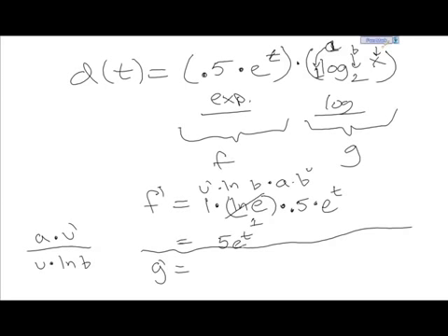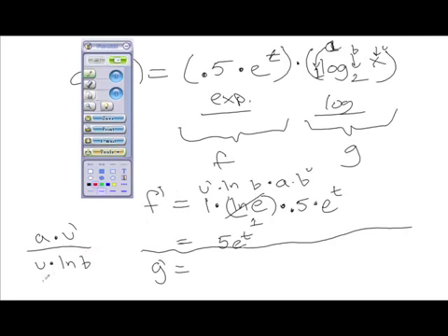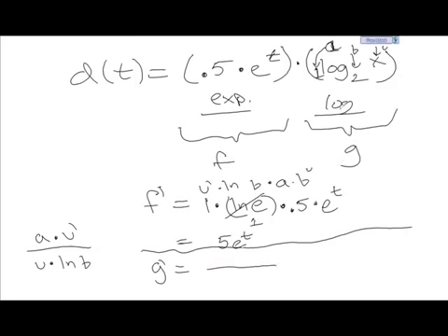Here is what we're calling the u. So a is 1 times the prime of x, which is the derivative of x, which is 1, divided by u, which is x, times the natural log of b, which in this case is the base of 2, ln 2. And so, cleaning this up slightly, we get 1 over x natural log of 2.